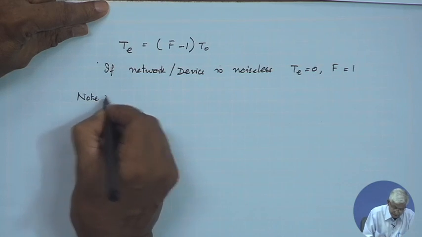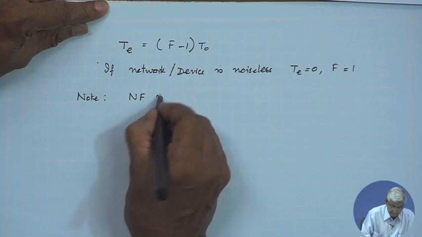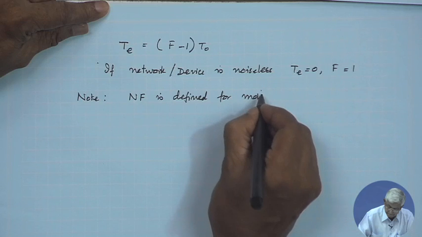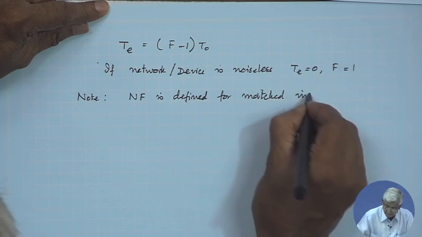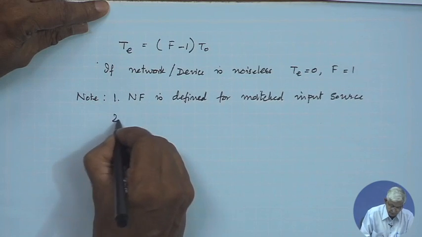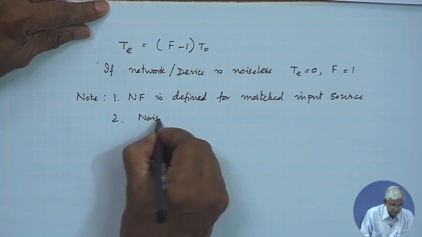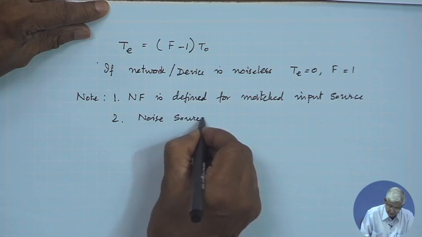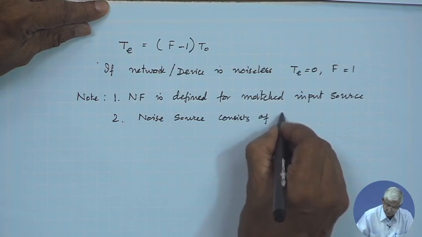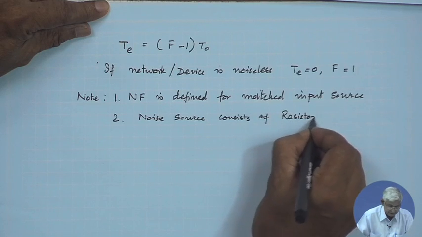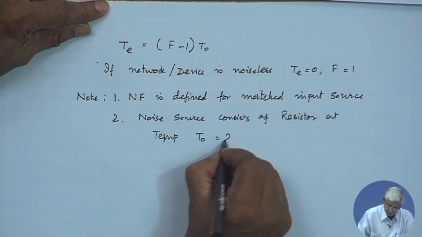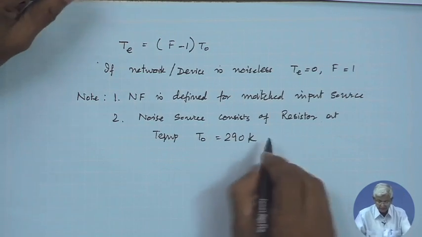This note I am repeating, that noise figure is defined for a matched input source, that is point number 1, and second is the noise source which is at the input consists of a resistor, an equivalent resistor at temperature T0 is equal to 290 K. Some people may take it as 390 K normal temperature.